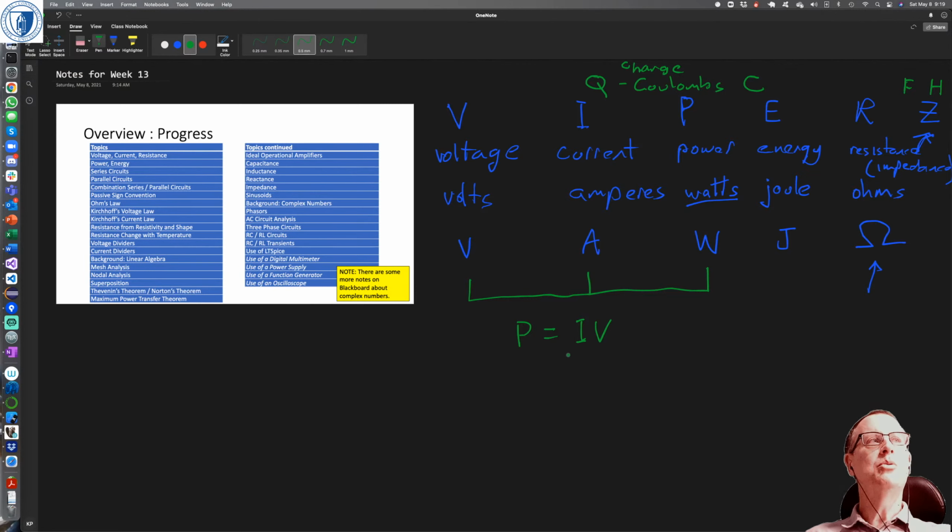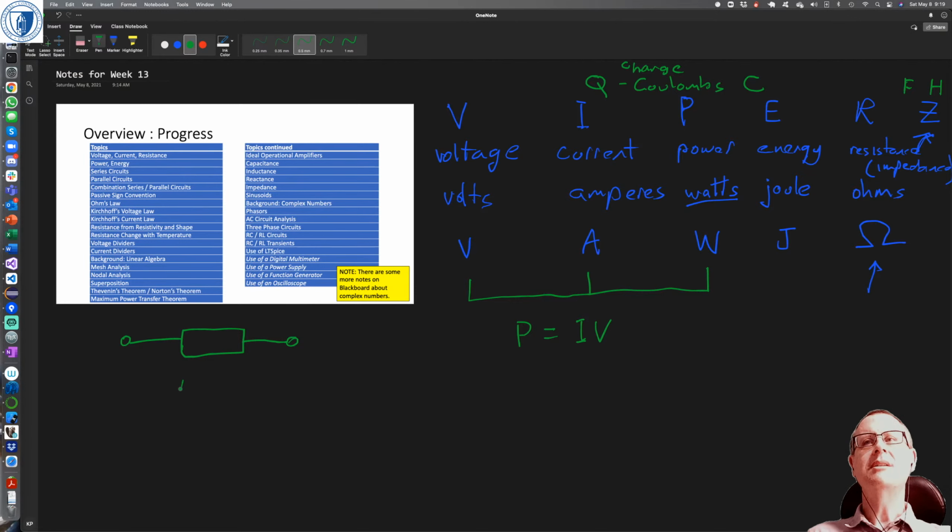This power relationship, remember we've got this idea of polarities, right? And some of the devices we've been using dissipate power.